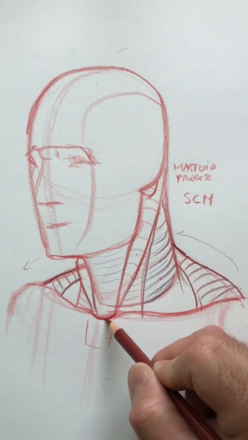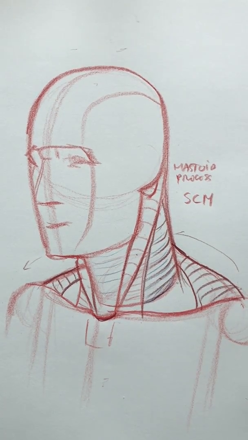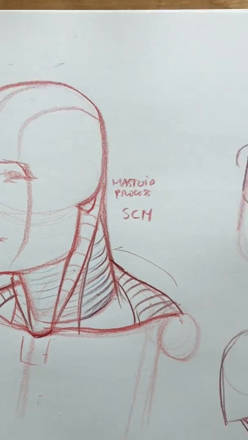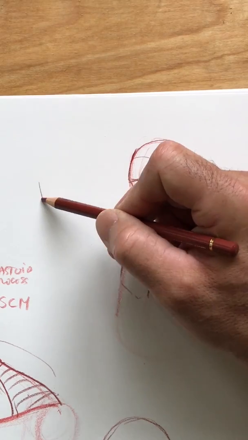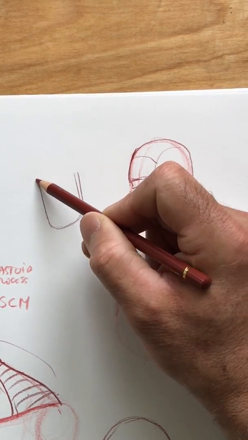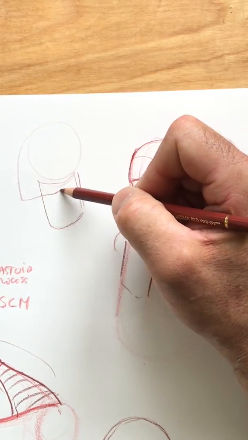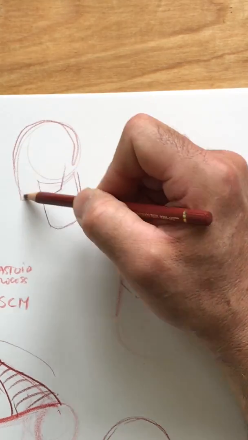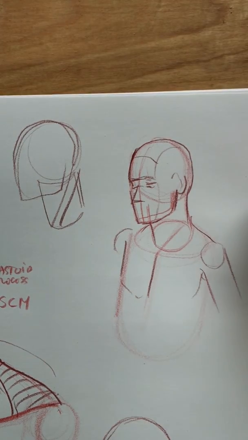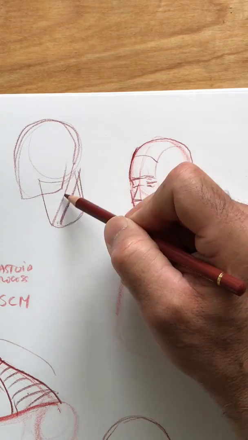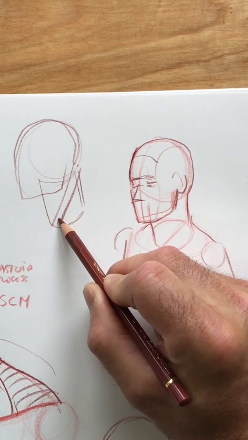Okay, so a good way of visualizing, as I was saying before, is this: block the cylinder, right, and then divide the cylinder diagonally with the sternocleidomastoid.